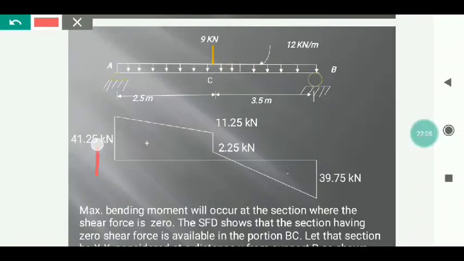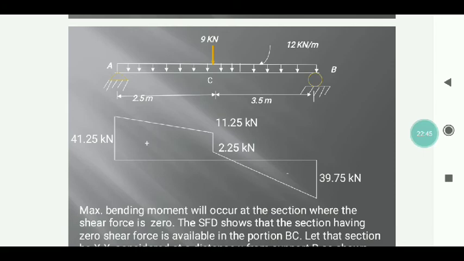So I have RA 41.25, then coming over the UDL, uniformly varying, 41.25 minus 12 into 2.5 comes up to 11.25. 11.25 minus 9 is 2.25. Then again you have UDL, so 2.25 minus 12 into 3.5, I get minus 39.75, and then 39.75 plus 39.75 is equal to 0. So this is called the shear force diagram.